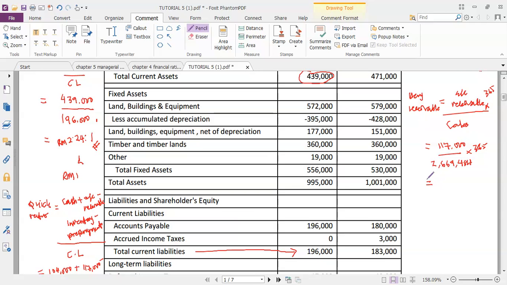Times 365. Okay, what is your answer for the receivable? 15.9, or equal to 16.